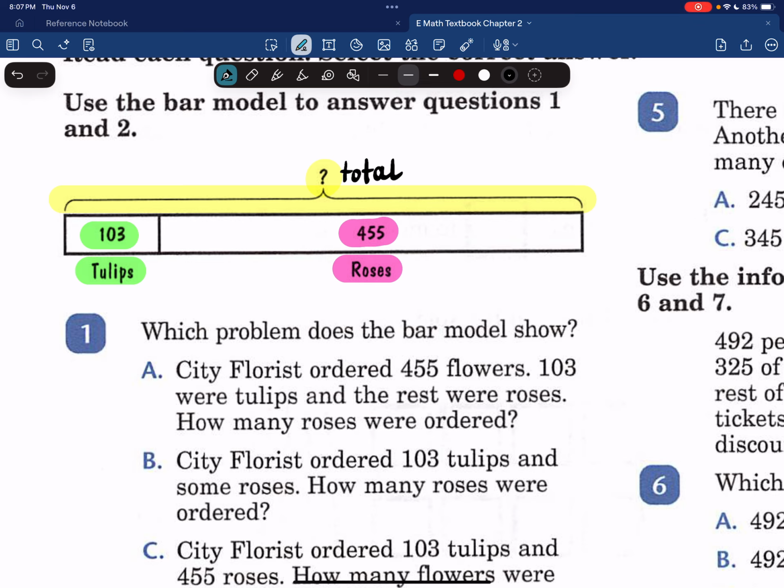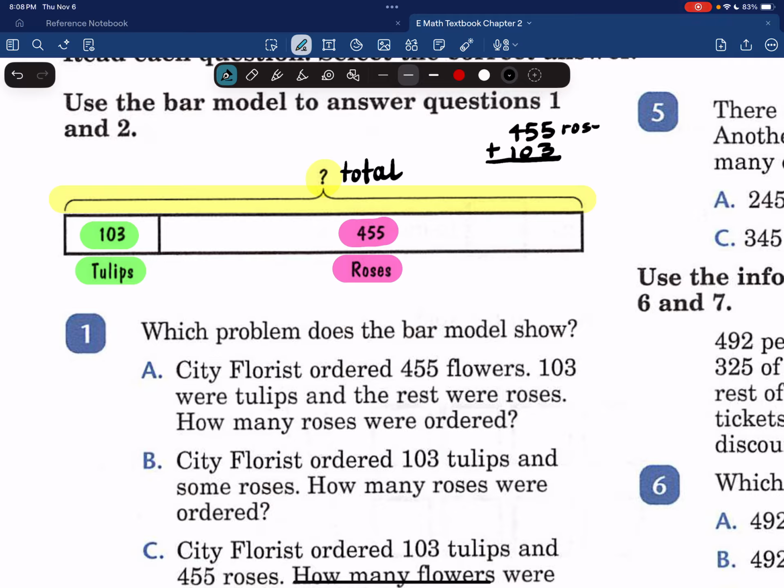Now we could find it if we needed to. Let's go ahead and do that. Let's take the 455, the roses, and the 103, the tulips, and let's add those.